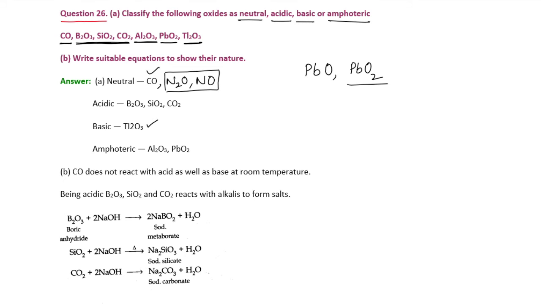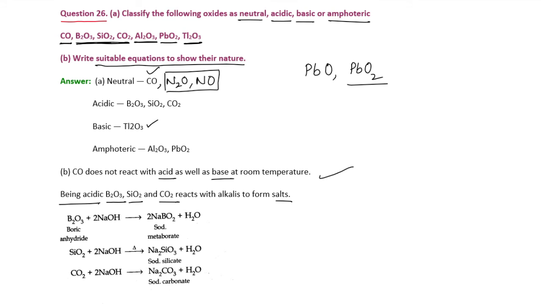Right. So the next question is to write suitable equations to show their nature. As CO is a neutral oxide, it does not react with acid as well as base at room temperature. Simple. Now B2O3, SiO2, CO2, they are acidic, so they can react with alkalis, bases and form salt.